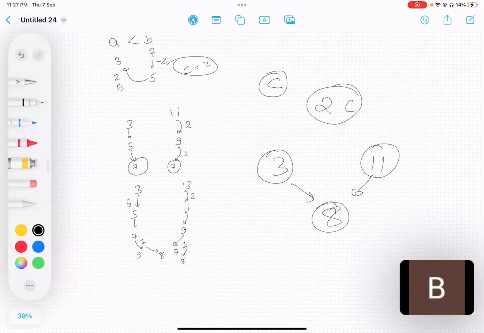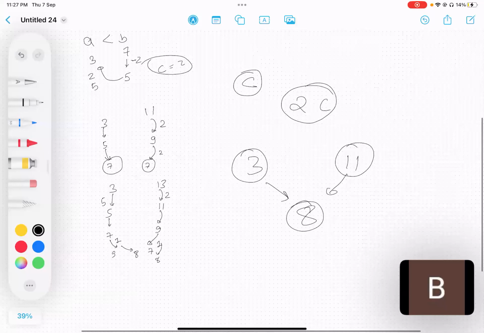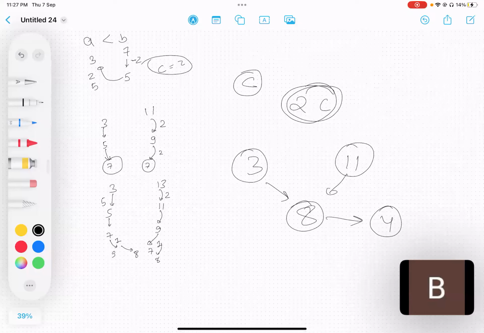Either you can work with 2 times C, or I will just divide the difference by 2, because if you remove half and add it to the other part, it's the same as removing the half difference. So I took the difference as 4.